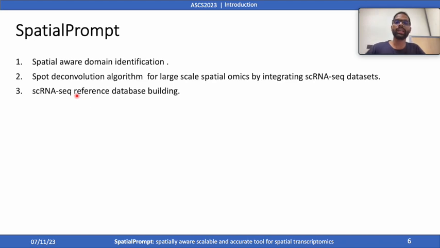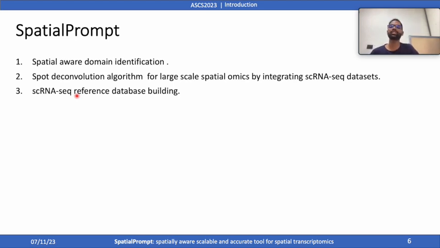So to overcome these challenges, we built our tool called SpatialPrompt. So what does it do? It is a spatially aware domain identification method. The tool uses the spatial information, or the XYZ coordinates, present in the spatial data, and it also performs the spot deconvolution algorithm by integrating the reference single cell RNA-seq data, and it is highly scalable, which I will cover in later slides.